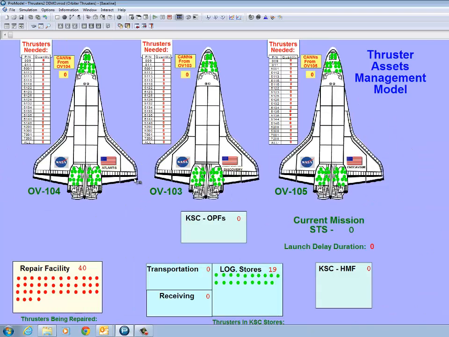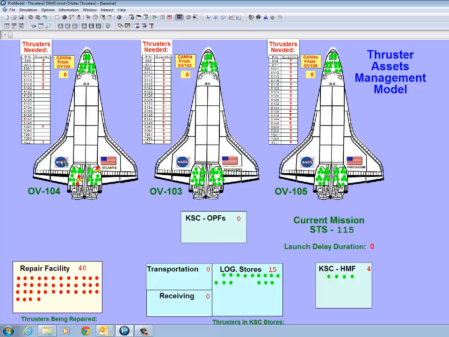So as the model runs through the 18 missions that we had remaining when this project was taken on, you will see after the mission is complete, the thruster motors will be examined, and based on the failure rate, they may fail or they may stay in good condition and remain on the vehicle.